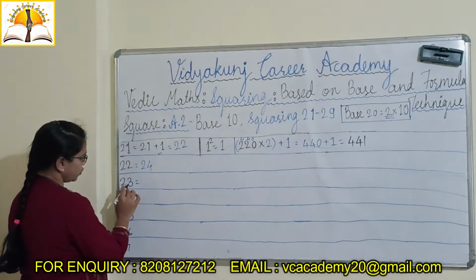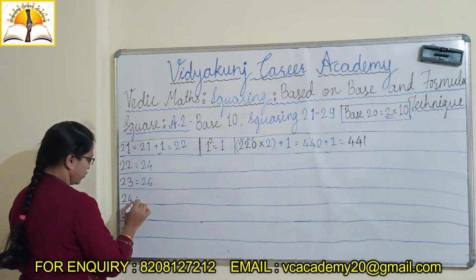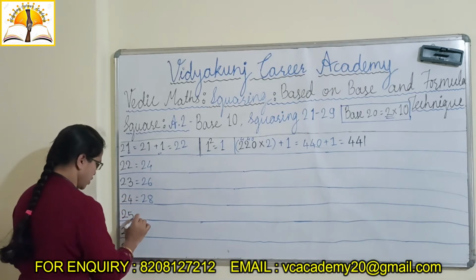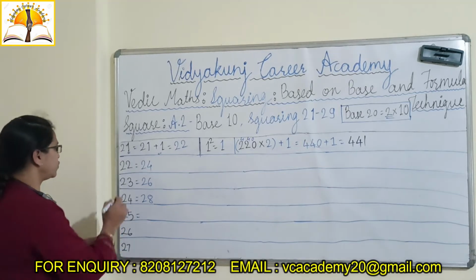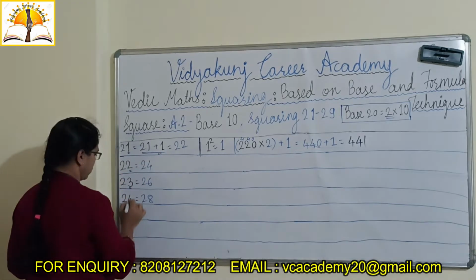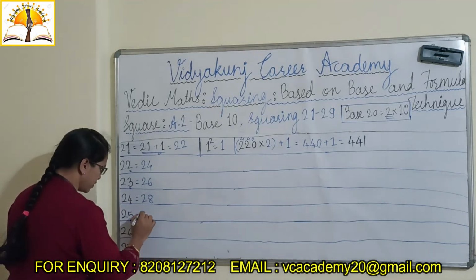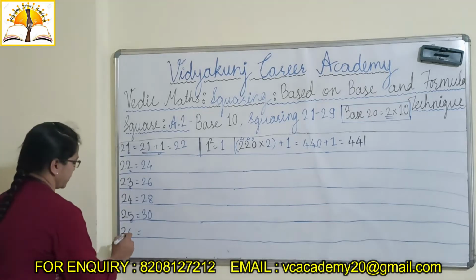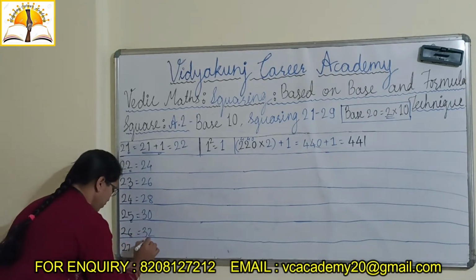Okay. 23 plus 3, 26. 24 plus 4, 28. 25 plus 5. Unit place number we are going to add. I will not do it like this. Okay. Here will be 30. Yes or no? 26 plus 6. Here will be 32.